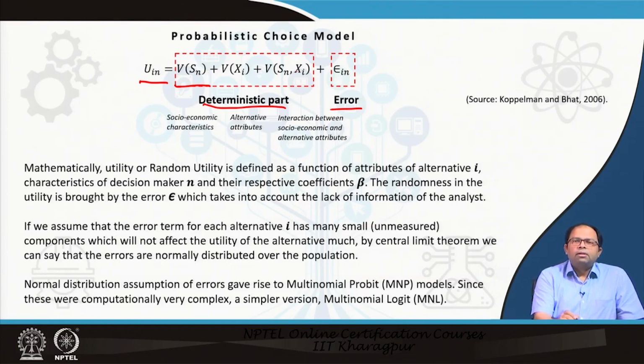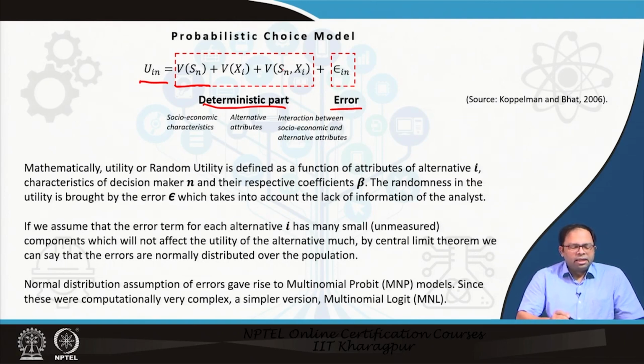That means, a particular income group may wish to use a particular mode, or is more prone to using certain modes. This kind of interaction term helps us in identifying those close relationships, because some income groups have relationships only with a few modes, other modes they do not even consider. So, this is the term which helps us to determine that. These are called interaction terms between socioeconomic and alternative attributes.